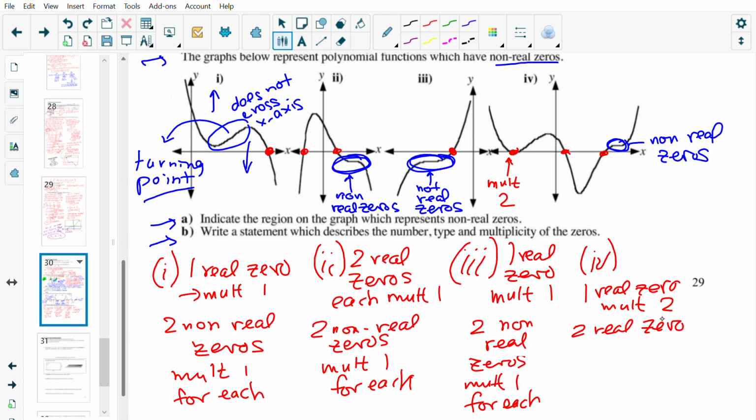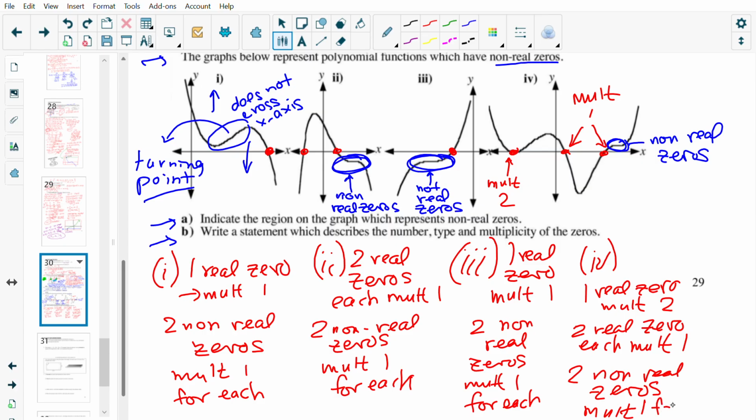Okay, and then I have 2 real zeros, each with a multiplicity of 1. Okay, and then 2 non-real zeros, multiplicity of 1 for each. Okay, and now we're done.